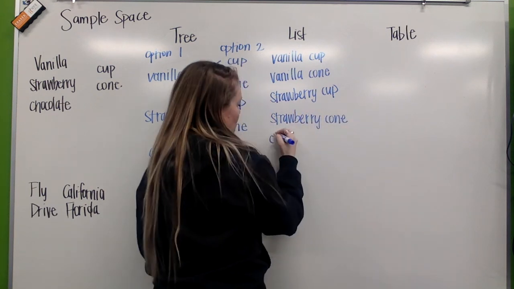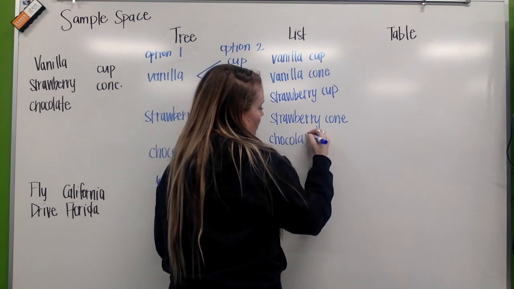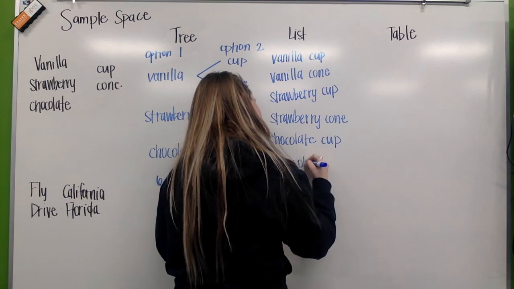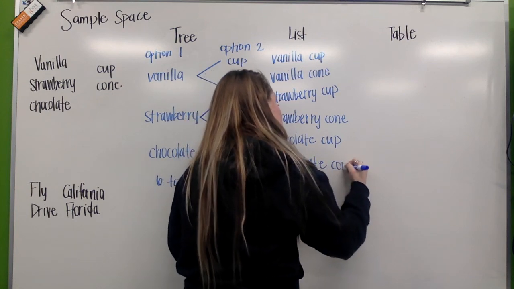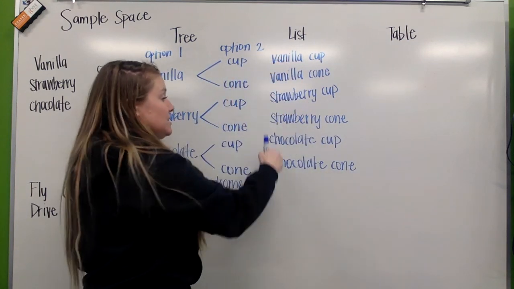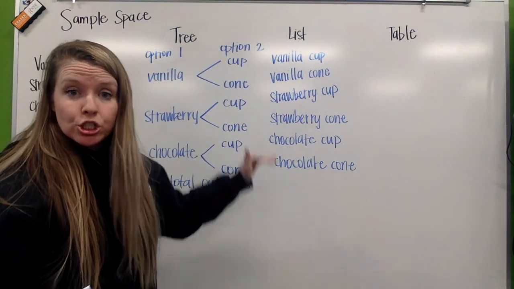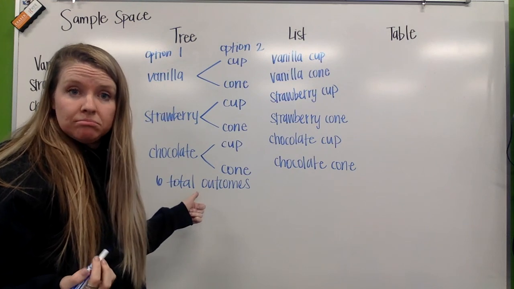Last 2 here, I've got chocolate in a cup or chocolate in a cone. I'm still seeing my 6 options, but I'm literally listing them out to show my total outcomes.